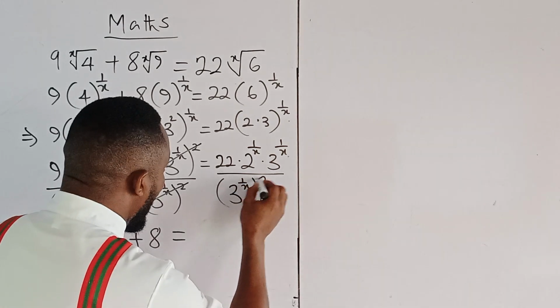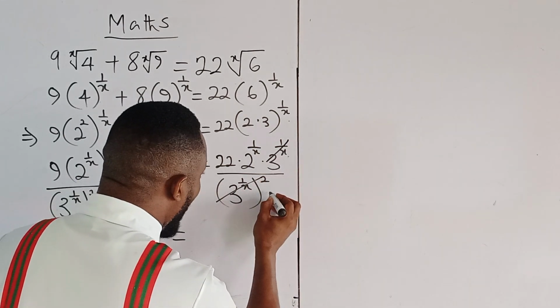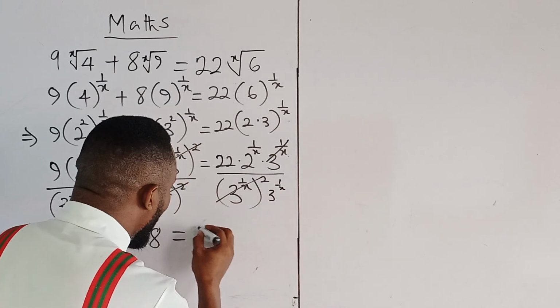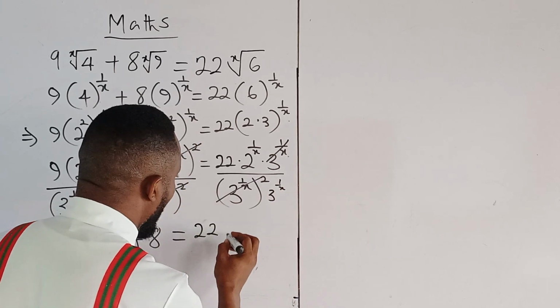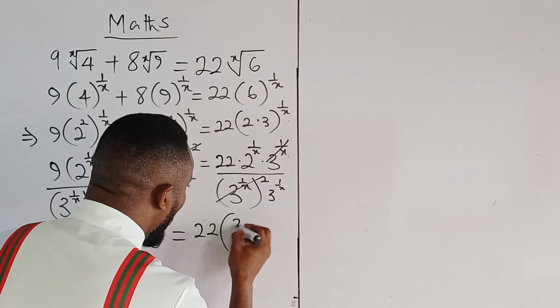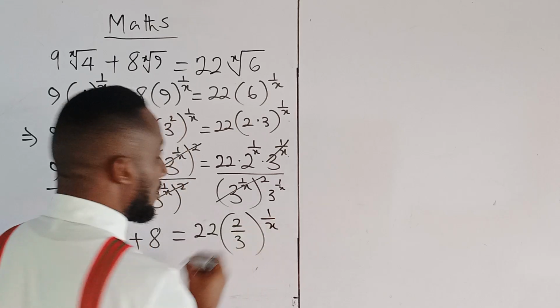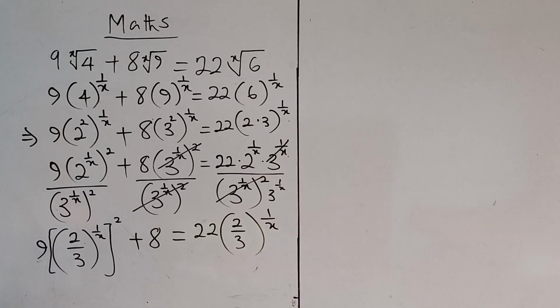So this one will cancel out. I will still be left with 3 to the 1 on x here. So I will then be having 22 into 2 all over 3 to the 1 on x. Then at this level, our homecoming is guaranteed.